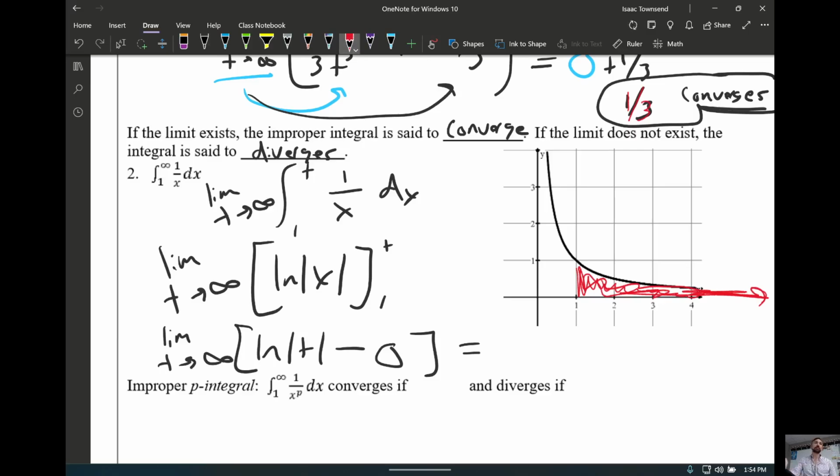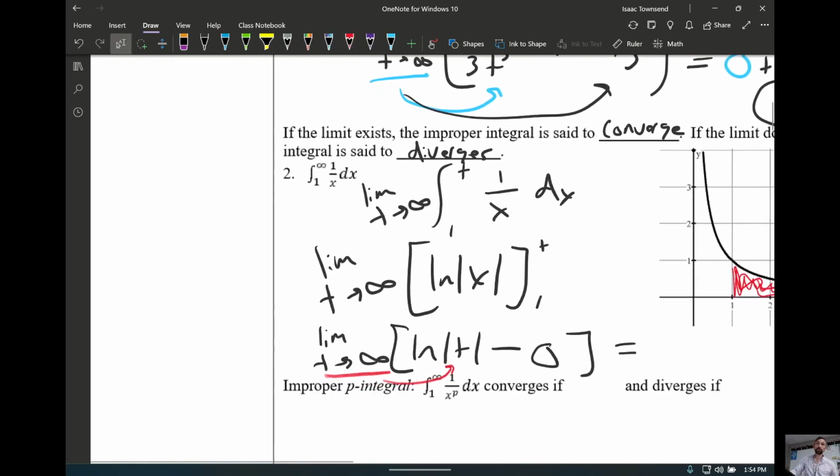And then not till the very end should you be worried about this limit. If I put this in here, as I plug in bigger and bigger numbers for t, what does this go to? Not 0. It goes to infinity.